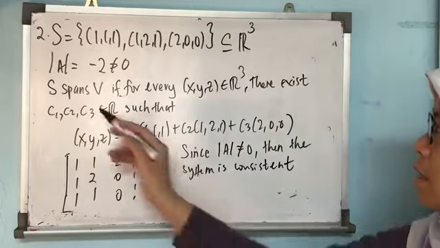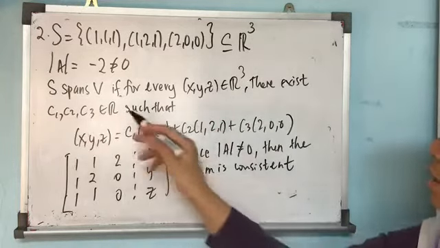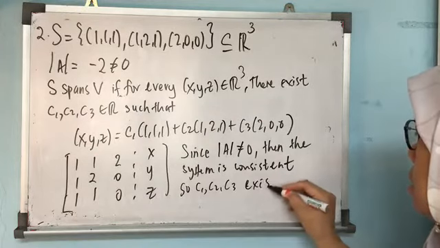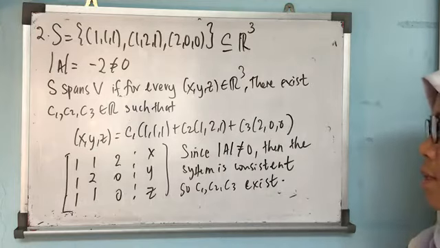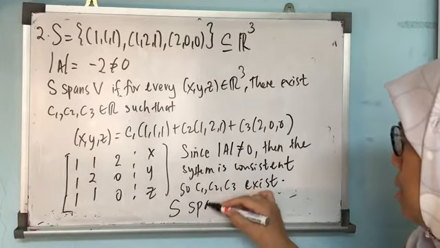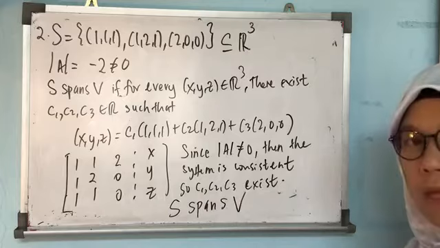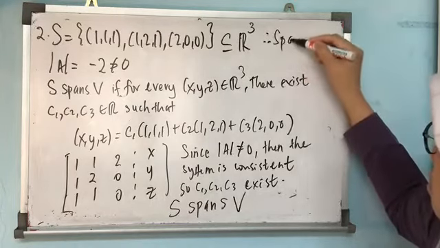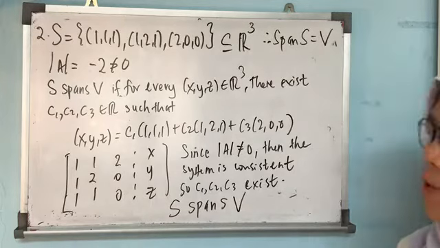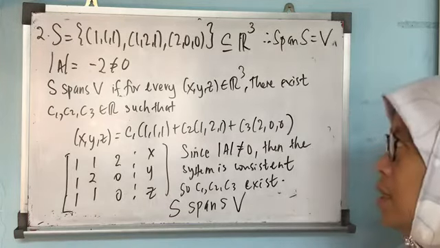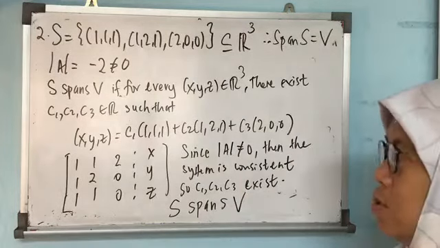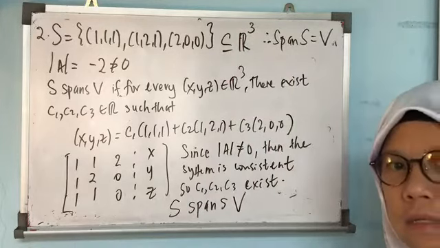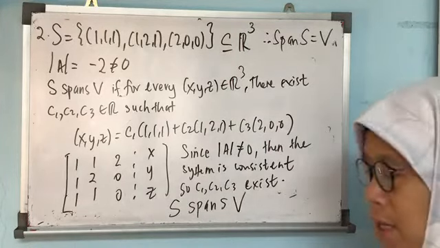See, they exist. So C1, C2, C3 exist. So what does it mean? S spans V. What is span S? Span S is V. Meaning if you take this vector, you take the linear combination, you will get the whole of R3.